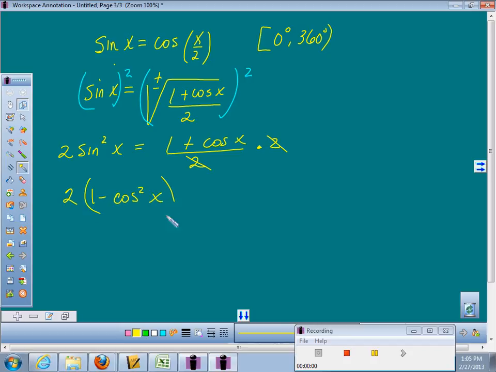With parentheses, because the 2 has to distribute. And now, it's not that big a deal from here. We've got it all in cosines. It's just a normal solve when we clean it up. It's going to be quadratic. It's got a cosine squared.